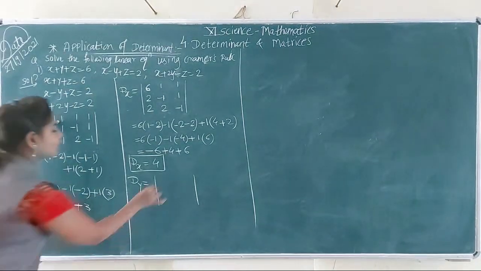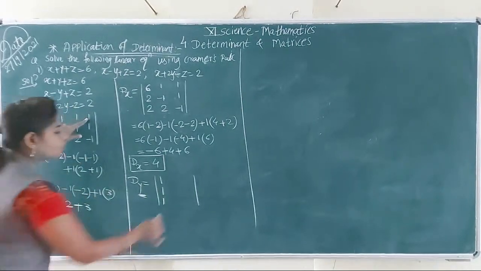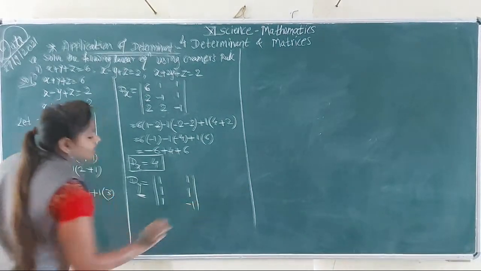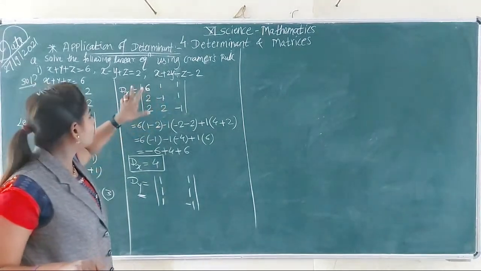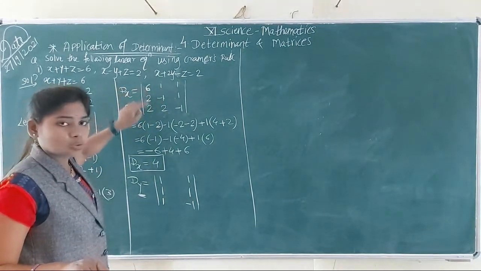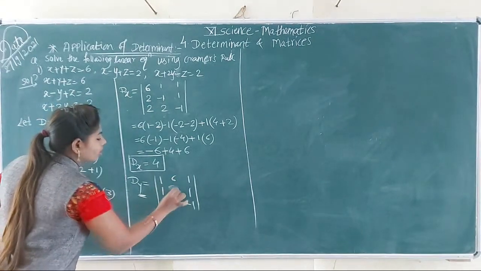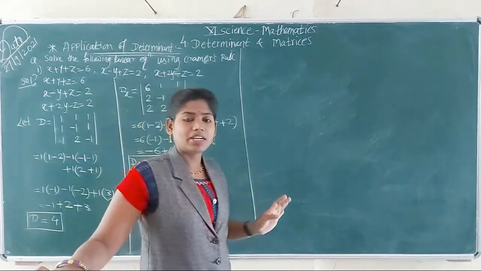So first column is 1 1 1, third column is 1 1 minus 1 and second column is replaced by this constant term 6 2 2, second column पर constant term that is 6 2 2, then solve this determinant.